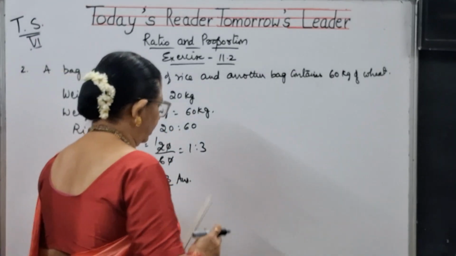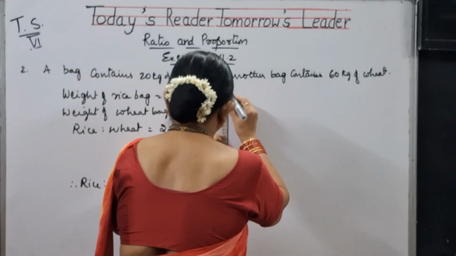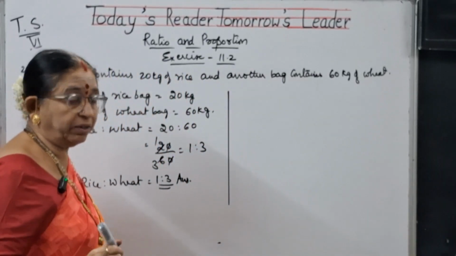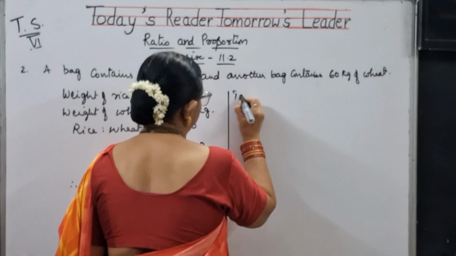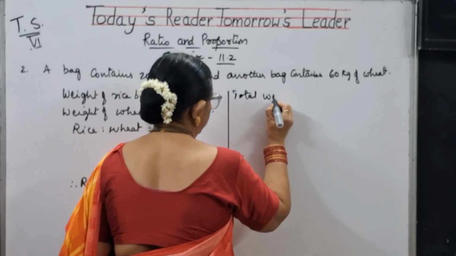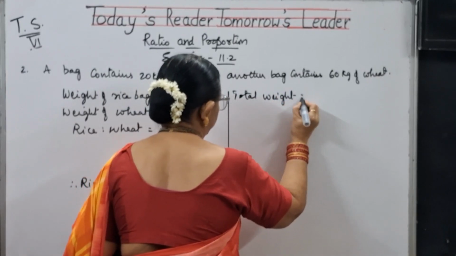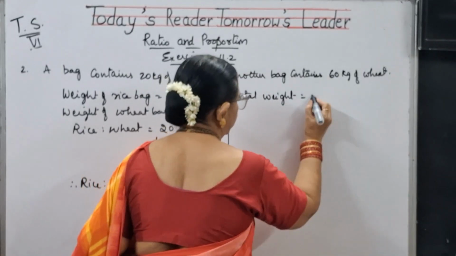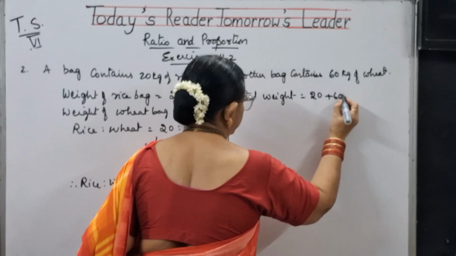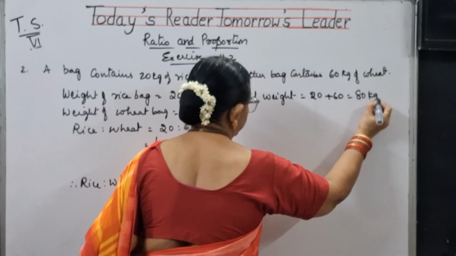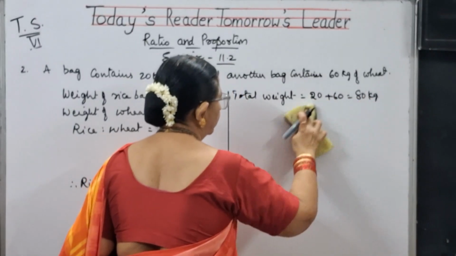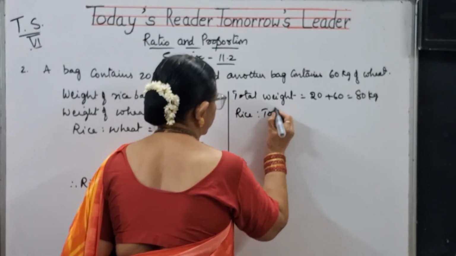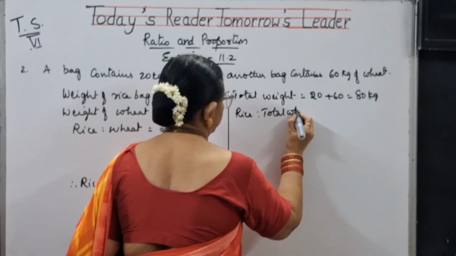Apart from this, they are also asking you to find the ratio of rice to total weight. So first find the total weight. Total weight is 20 plus 60, that is 80 kgs. So we need to write the ratio of rice to total weight.